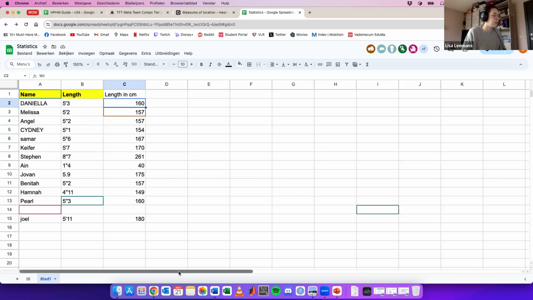I will make it a bit bigger. I didn't realize that it might be quite small for you guys on the board. So try to calculate the mean for this, and then we can go over the median and the mode of our data set as well.